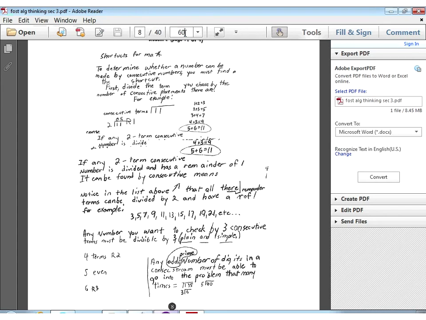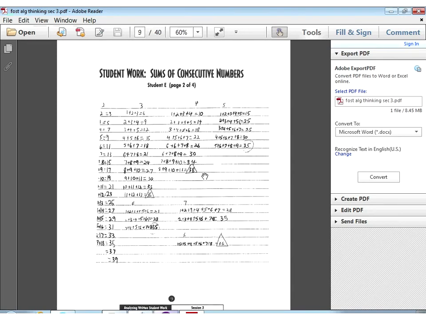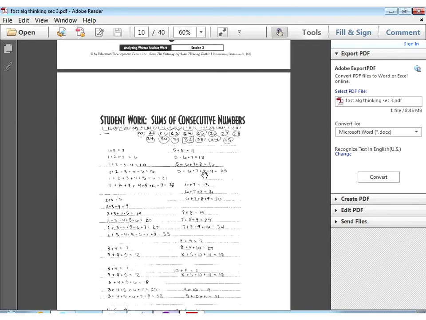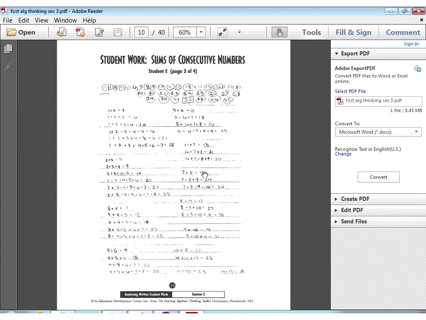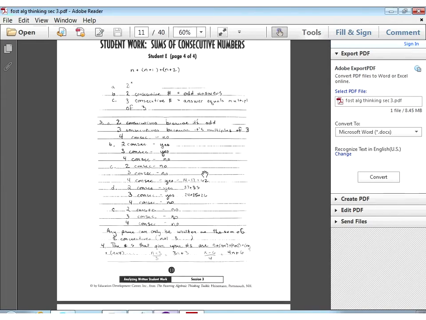Here's page 1, page 2, page 3, page 4. Oh, okay. I forgot to print out the discussion book.